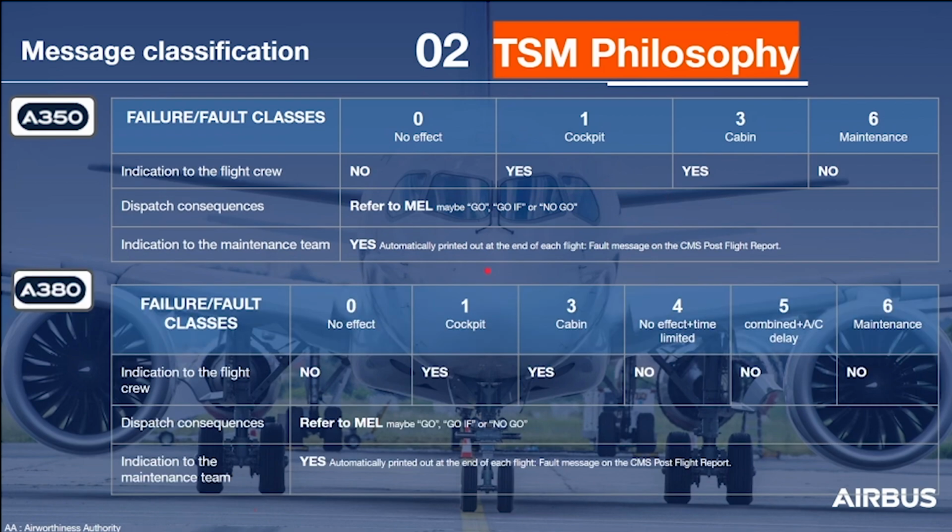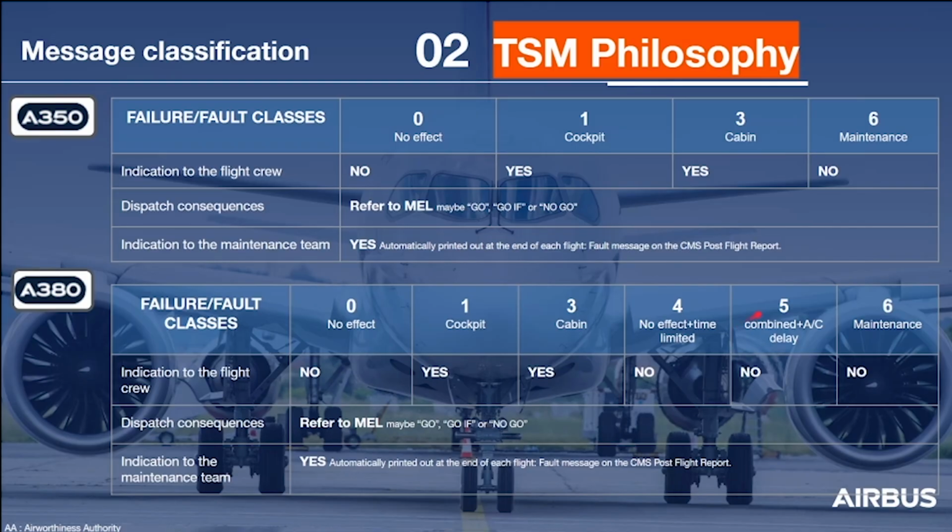For the A380, we have the same definition for class 0, 1, 3, and 6. But we have 2 additional classes, class 4 and class 5. Class 4 is all the faults that have an effect in the cockpit or in the cabin, but they have a time period for correction.